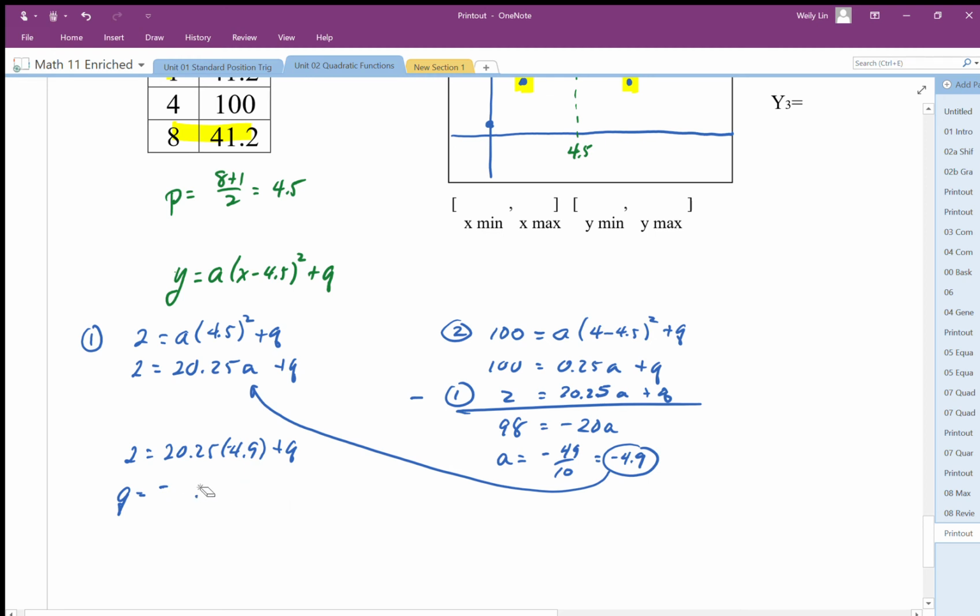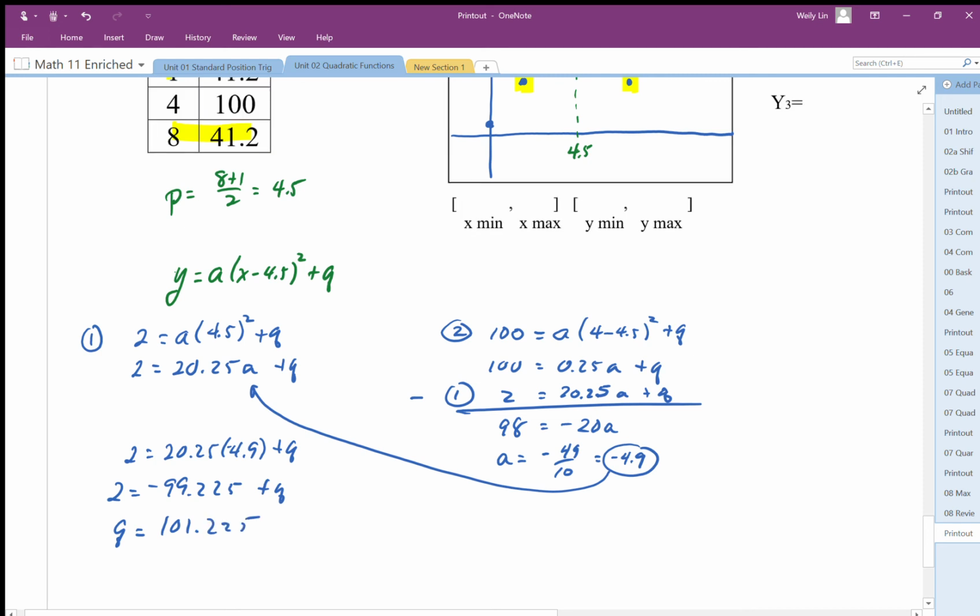Oops, sorry, we're going to subtract that from 2, so let me just write this out. So this is 2 equals negative 99.225 plus q. Solving for q, we get 101.225.